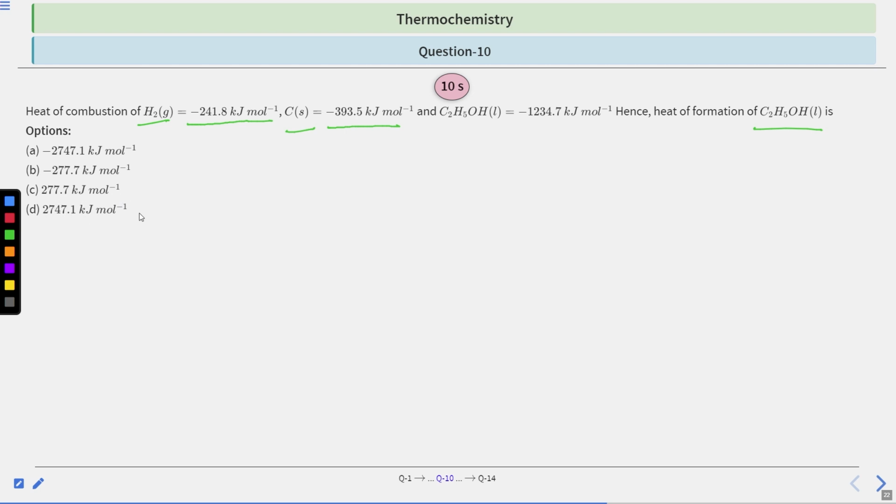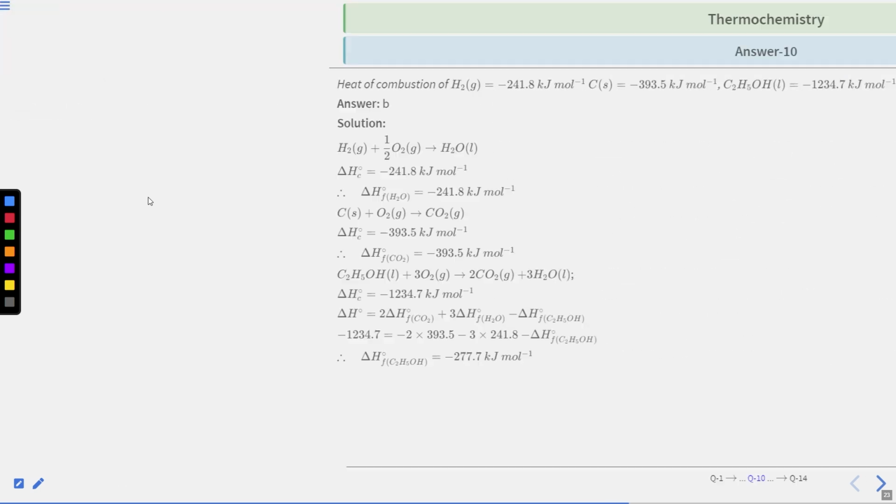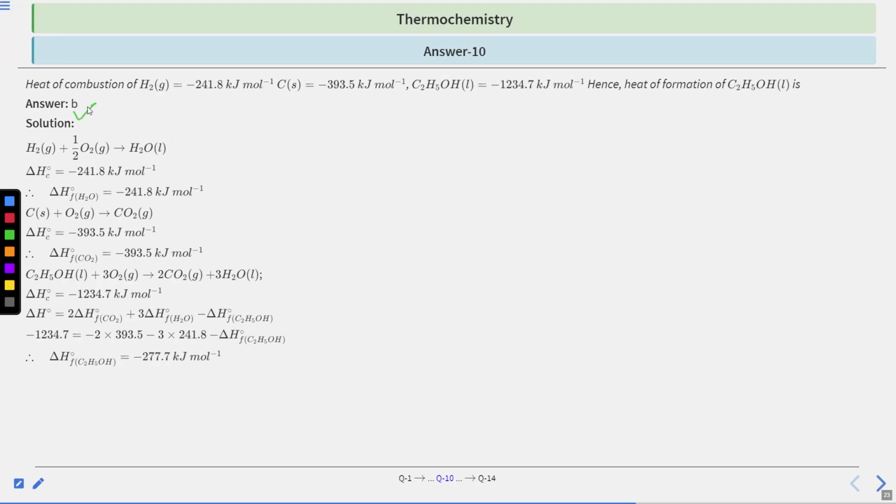So you have 10 seconds to solve this question. After that, we will see the answer. Okay, so the correct answer will be option B, and we have this equation here, which is H2 plus half of O2, that is combustion of H2, giving you the H2O molecule, and the heat of combustion for this reaction is given here in the question.